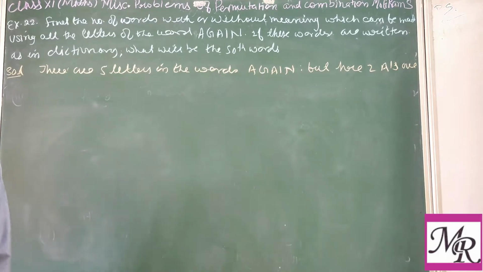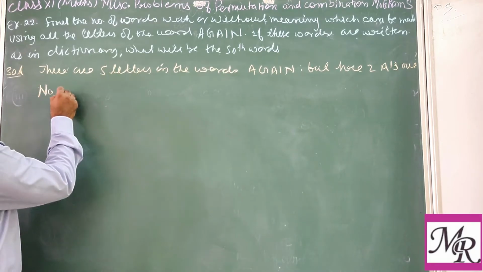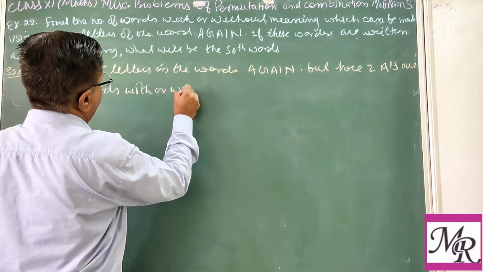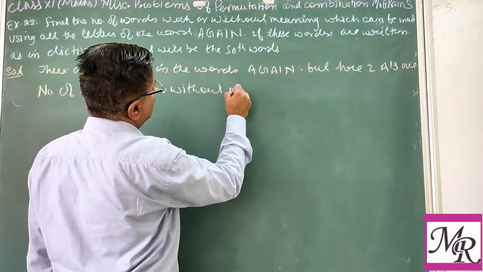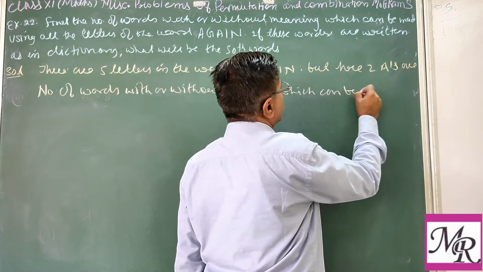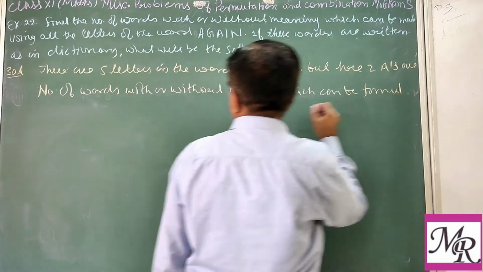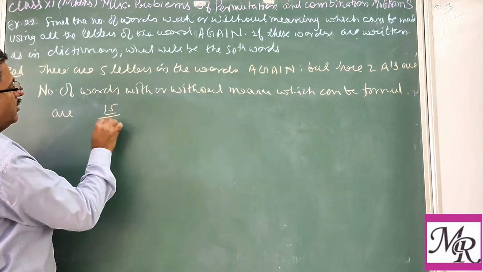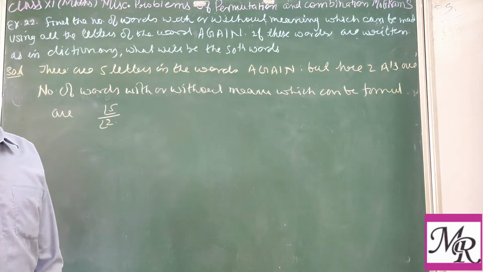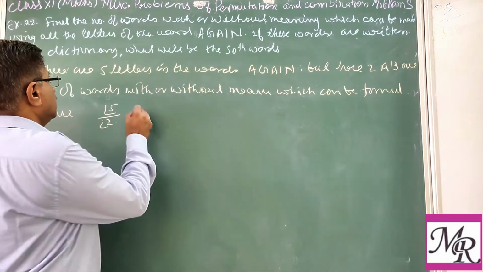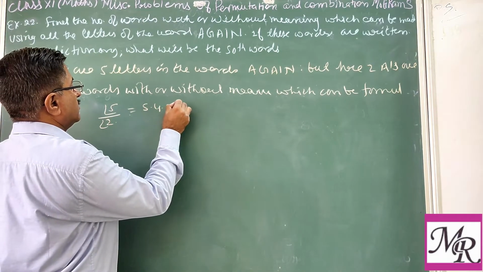So we use the formula for repetition of identical letters. So the number of words, with or without meaning, which can be formed are total letters factorial 5. How many repeating? Only 2. So we use the formula factorial n upon factorial p1 into factorial p2 into factorial p3. So you can simplify 5 into 4 into 3 into 2.